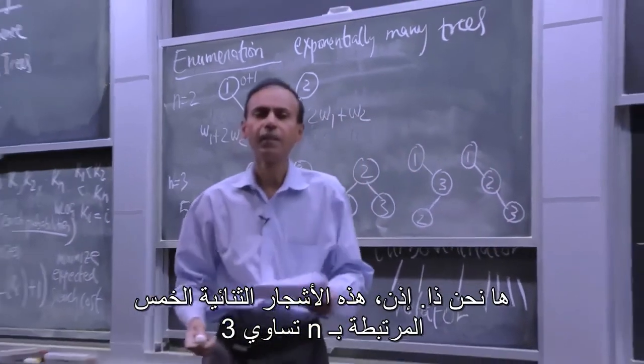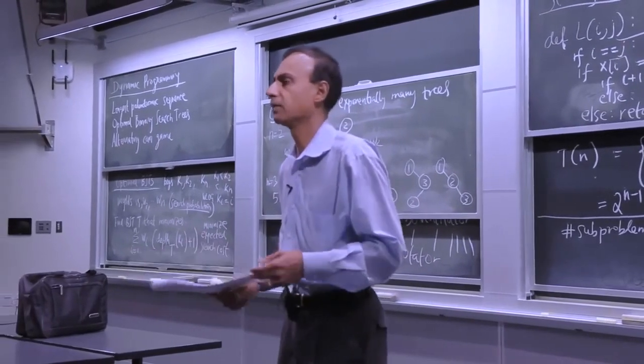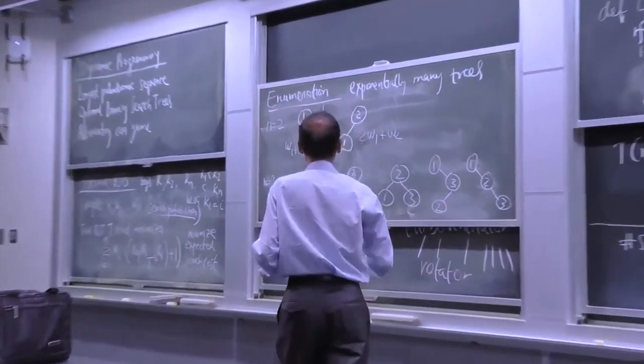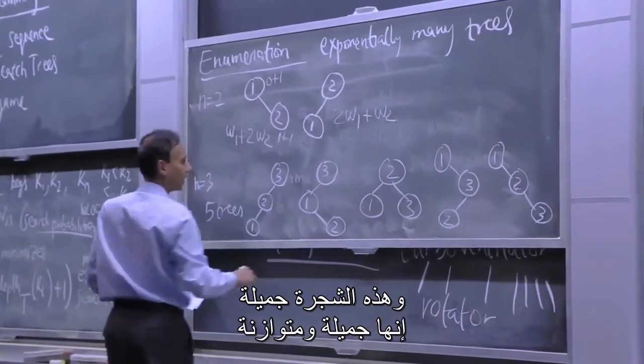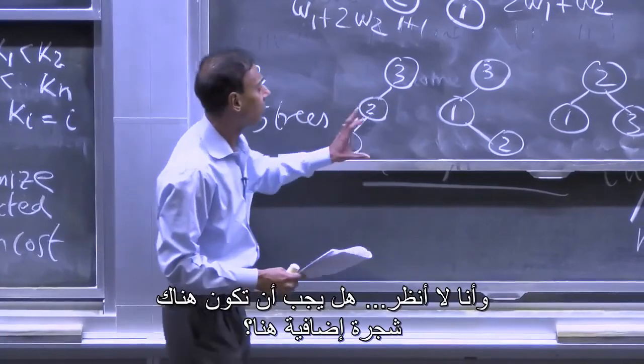There you go. So those are the 5 binary search trees associated with n equals 3, right? And this is kind of cool. It's nice and balanced. You know, the other ones aren't.